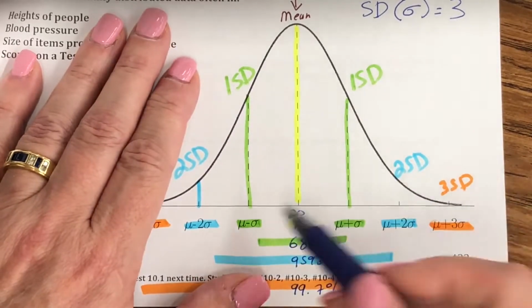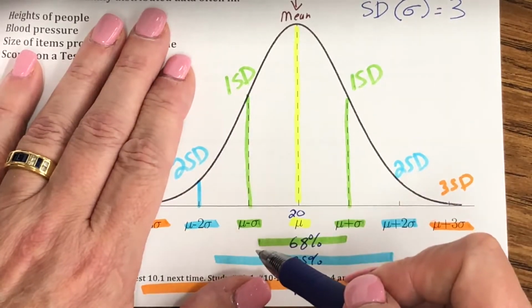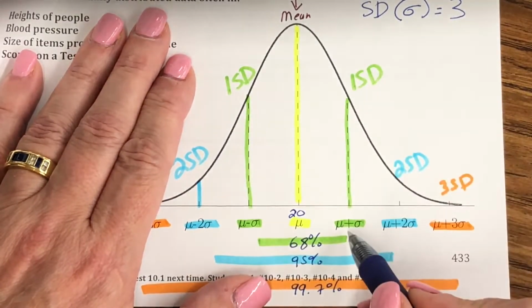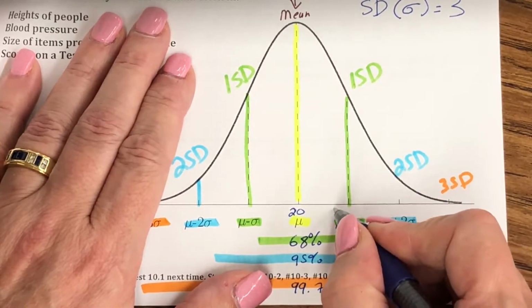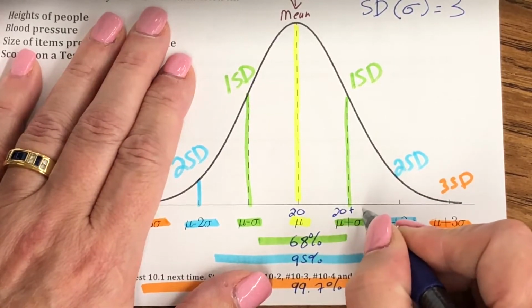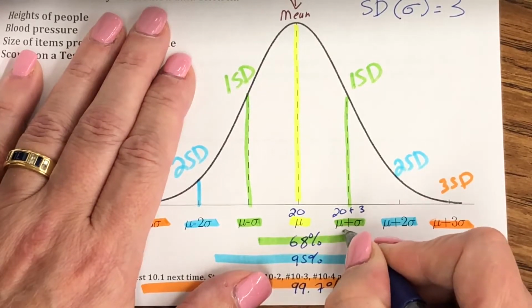Okay, so I want to know where one standard deviation to the right and one standard deviation to the left are. To find one standard deviation to the right, I do the mean, which is 20, plus a standard deviation, which is 3. That tells me that one standard deviation to the right is 23.